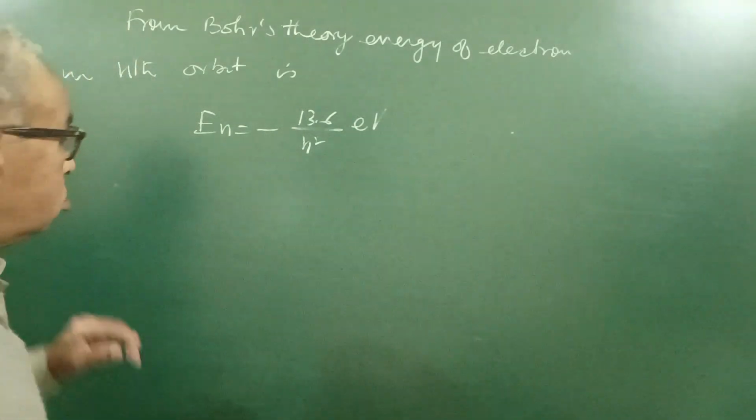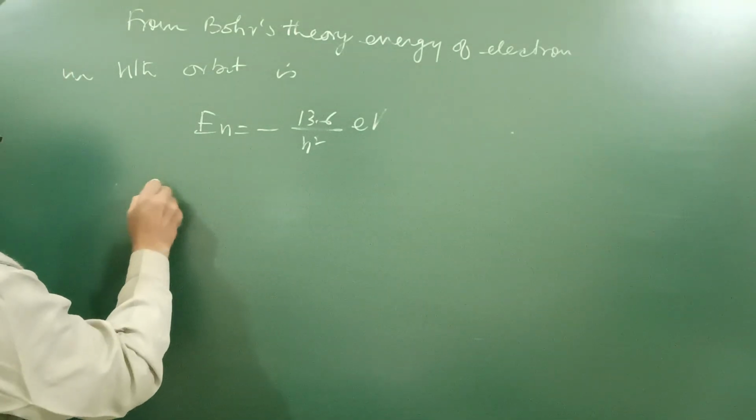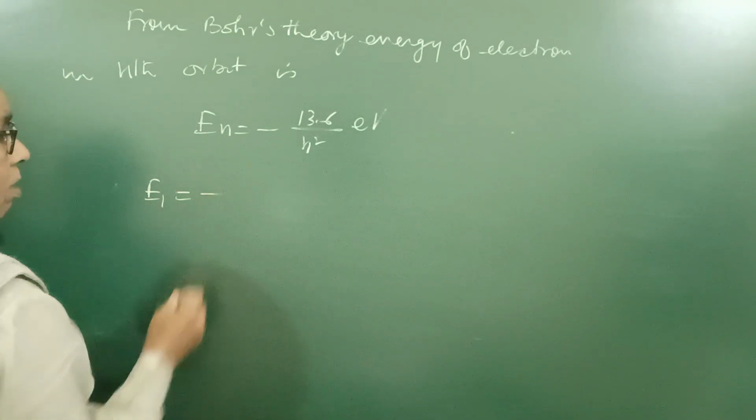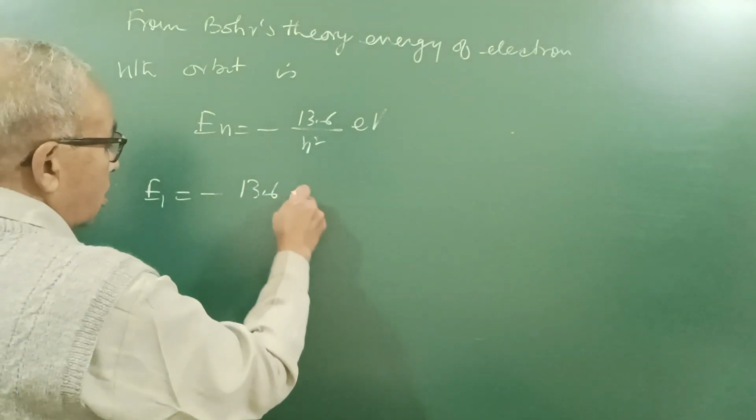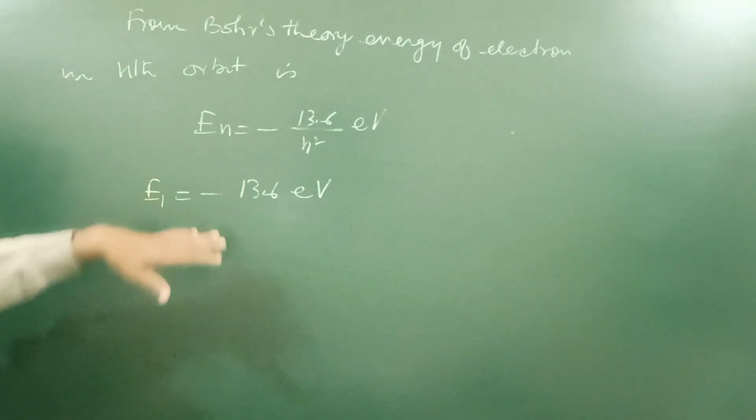Now E1 simply comes out as minus 13.6 electron volt, the total energy, the sum of kinetic and potential.